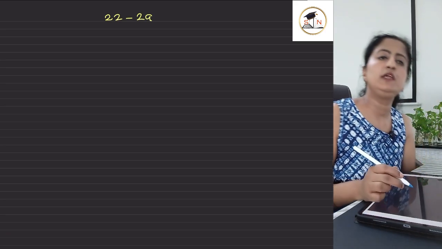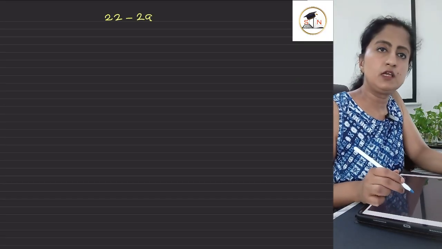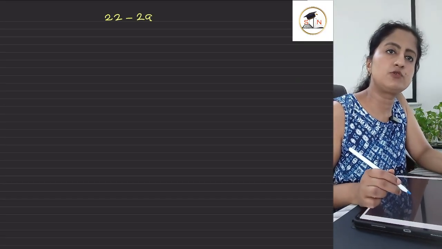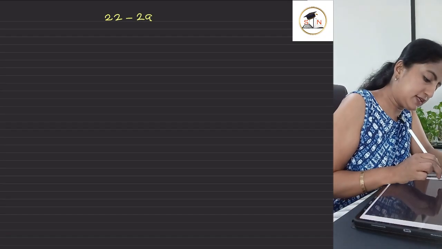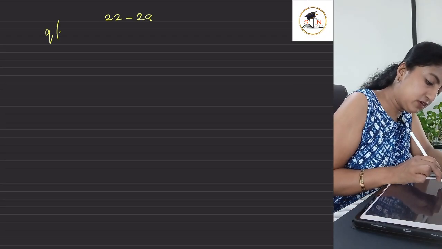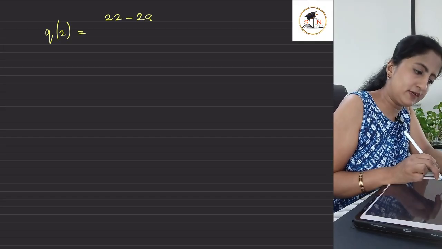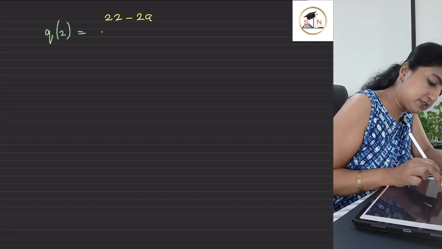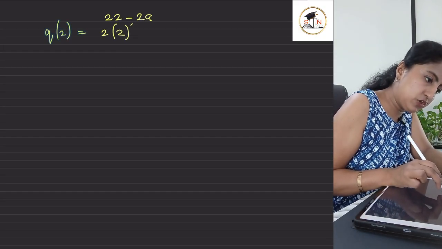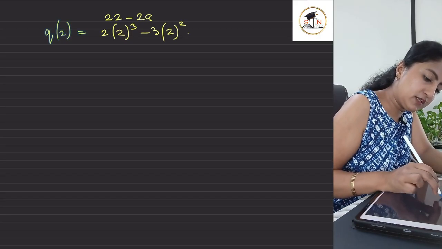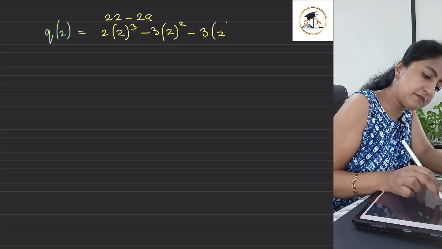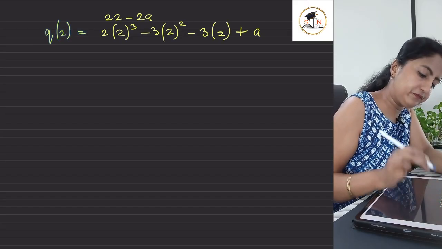Right? Now, what we need to do? We had another polynomial, q(x). So, we need to substitute the value of x as 2 in that polynomial also. So let's start with that. We will have q of 2 over here. So that becomes 2 times 2 cube minus 3 times 2 square minus 3 times 2 plus a.